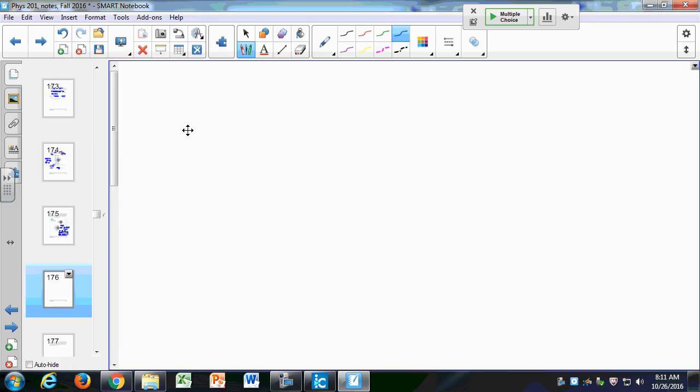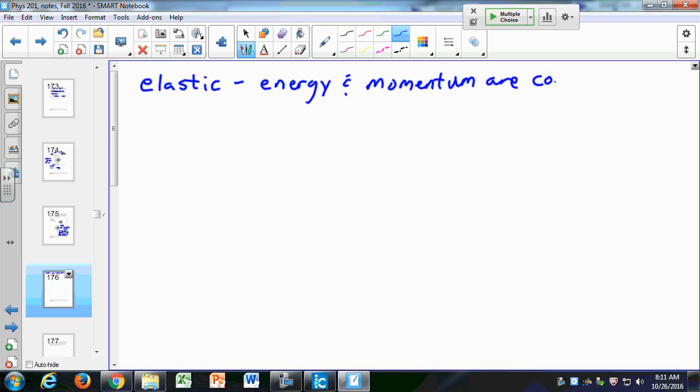That is an elastic collision. Remember, in elastic collisions, energy and momentum are conserved. All right, so let's say that I have two particles.